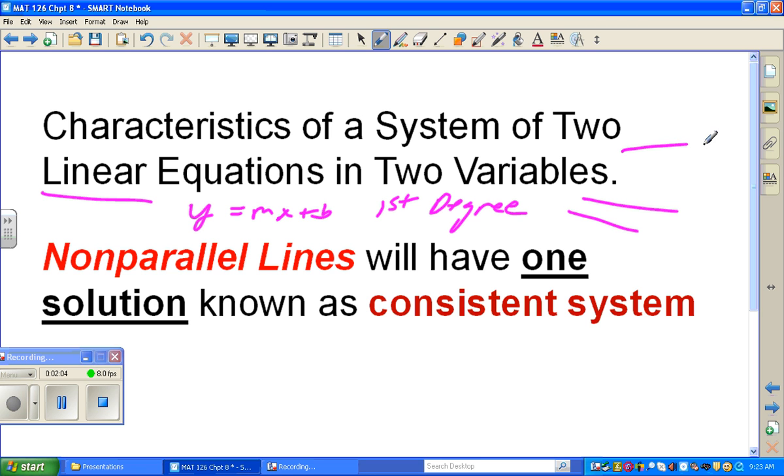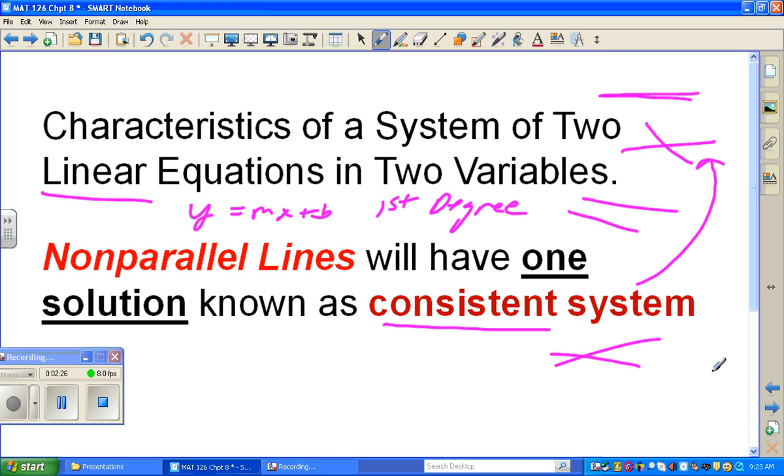They're either going to be parallel, they're going to intersect, or they're going to be the same line. Those are the only three possibilities. So a consistent system is one known as an intersection. You have to write the words consistent and inconsistent in your homework. So one solution, consistent. That's not that difficult.